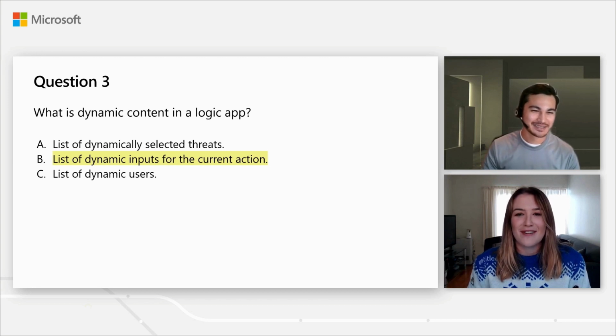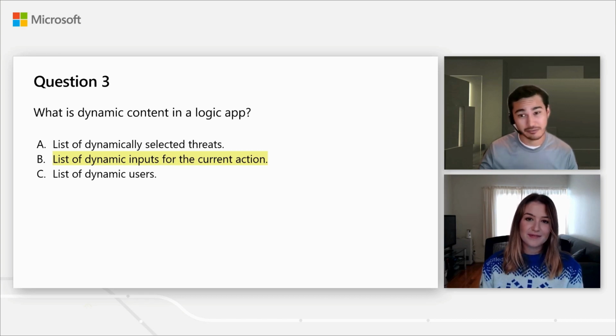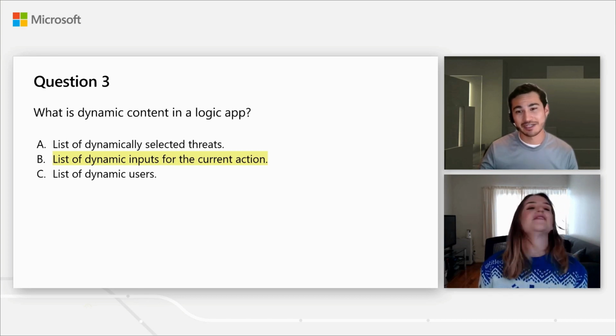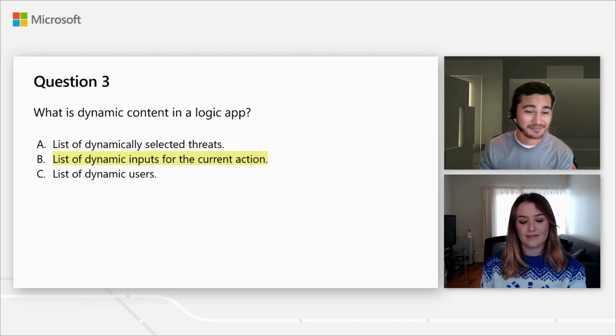Sounds like most of you got it right. Seems like we're following along. It's a list of dynamic inputs for the current action. It can be entities associated to users, it can be specific things related to threats, but dynamic content is just those parameters, those fields, that schema that make up our data and that we can interact with in logic apps.